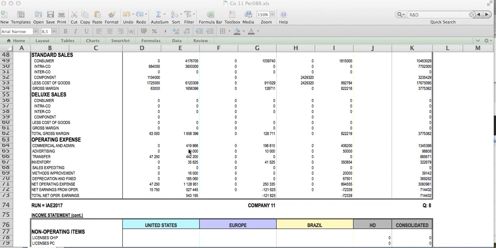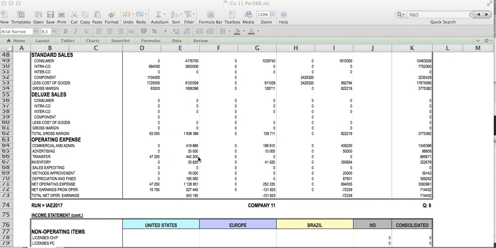Then that means this company is only selling PCs. So it's using the chips in the production of PCs, and therefore doesn't have any commercial and administrative charges regarding chips. Advertising is what this company is investing in the different areas, which, by the way, is not so much. These are very small amounts.